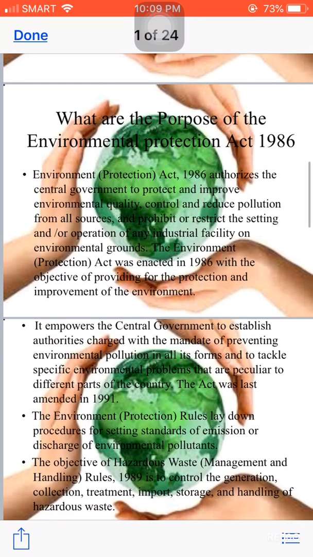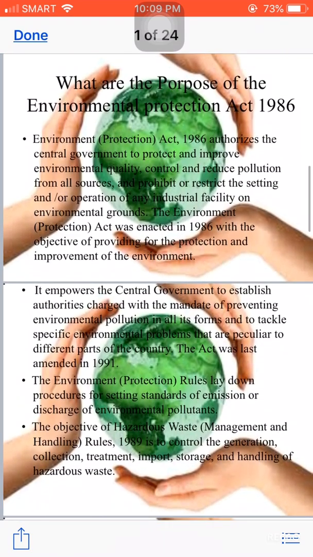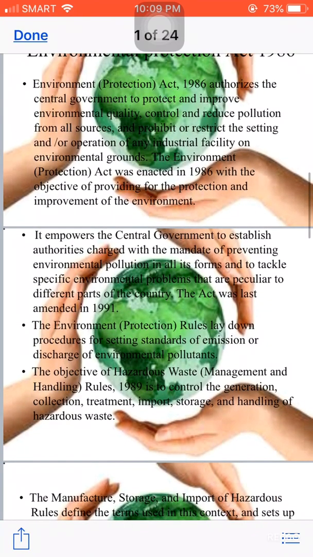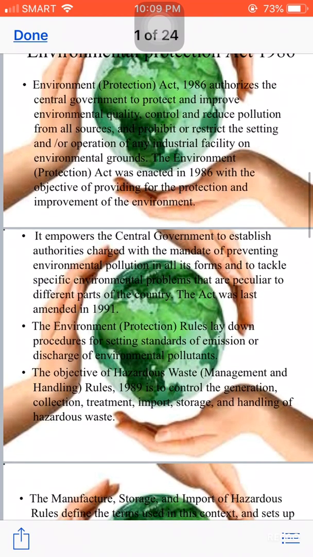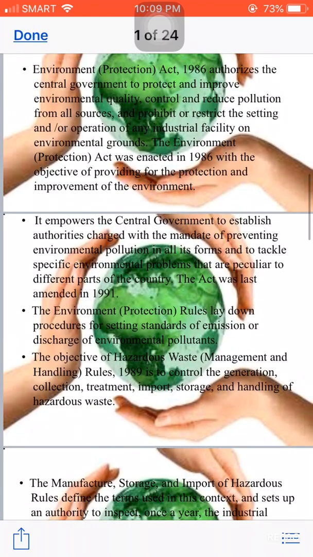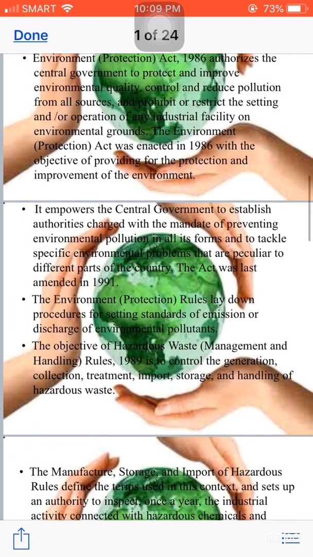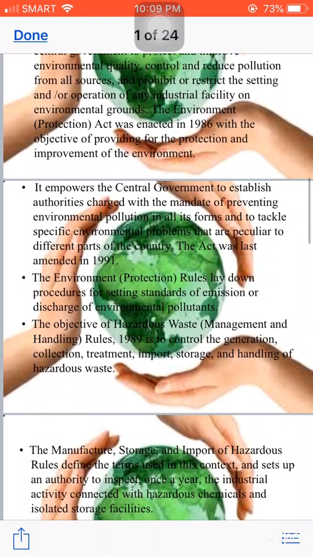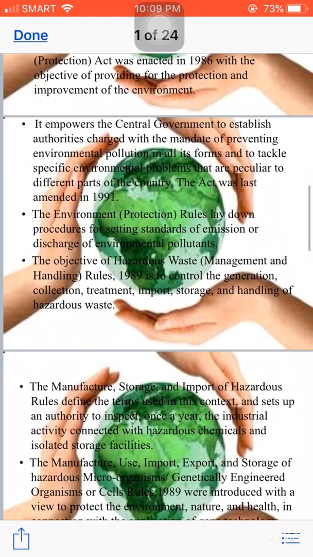The Environment Protection Act 1986 authorized the central government to protect and improve environmental quality, control and reduce pollution from all sources, and prohibit or restrict the setting up or operation of any industrial facilities on environmental grounds. The Environment Protection Act was enacted in 1986 with the objective of providing for the protection and improvement of the environment.